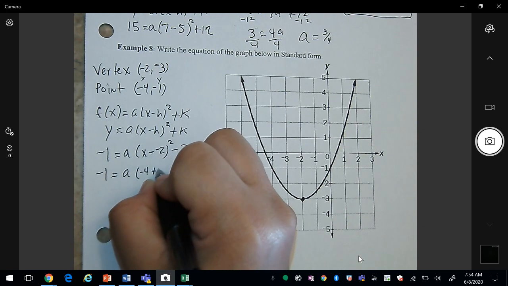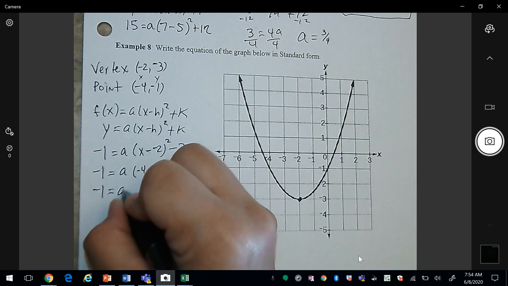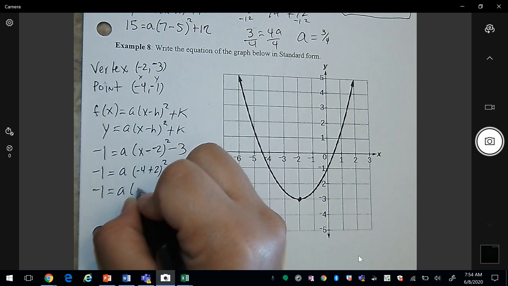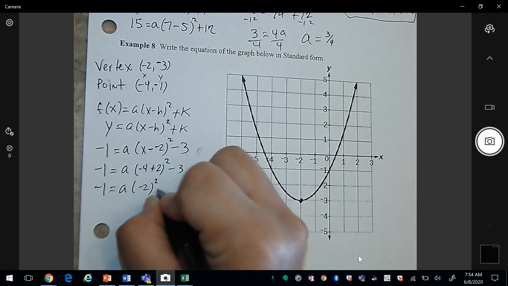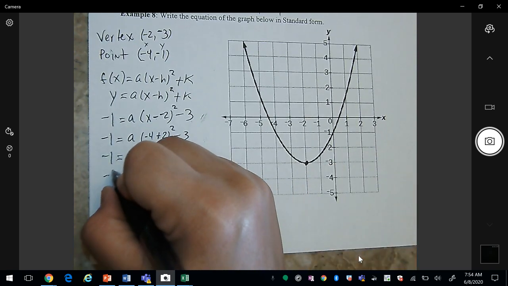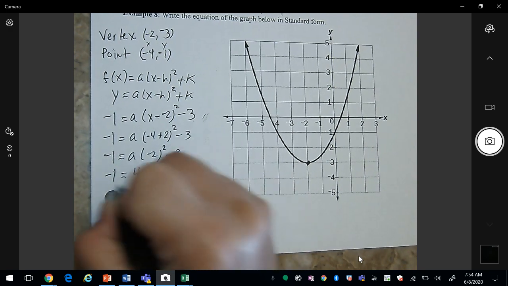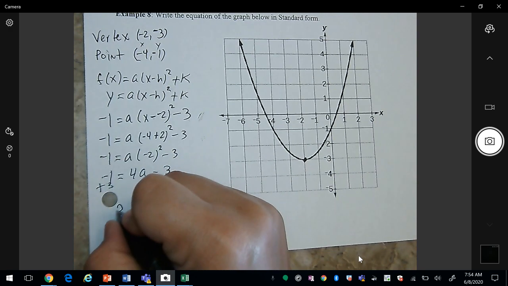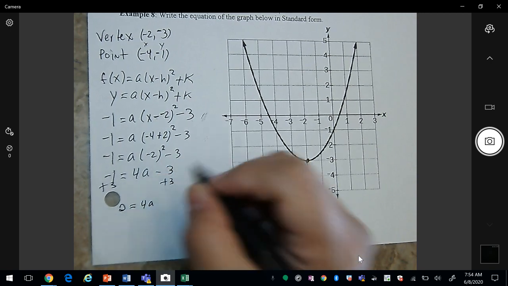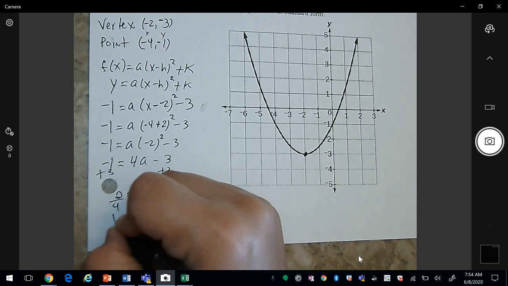Negative negative is +2. -4 plus 2 is -2. And -2 squared is 4. Add the 3. So we get 2 is equal to 4a divided by 4. So a is equal to 1/2.